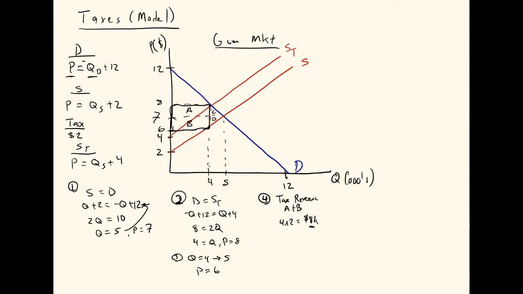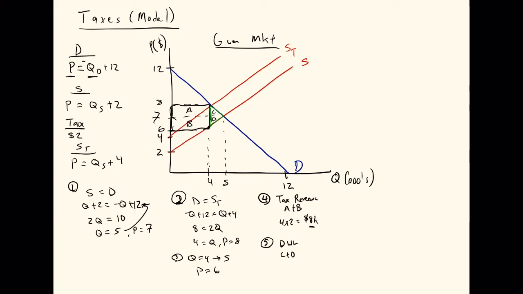Much like our previous examples, we're also going to calculate our dead weight loss. So let's see, number 5 here would be dead weight loss, and dead weight loss is going to be areas C plus D. I'm going to change colors over here to green. This is the area of our dead weight loss, areas C and D. We just find the area of each triangle and then add them together.